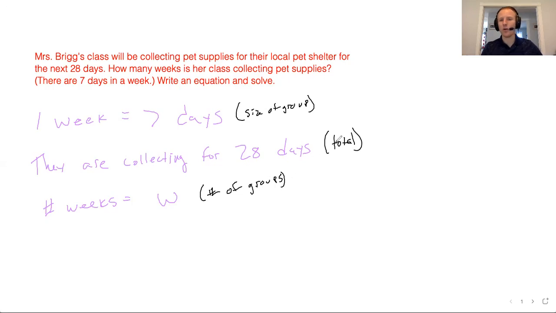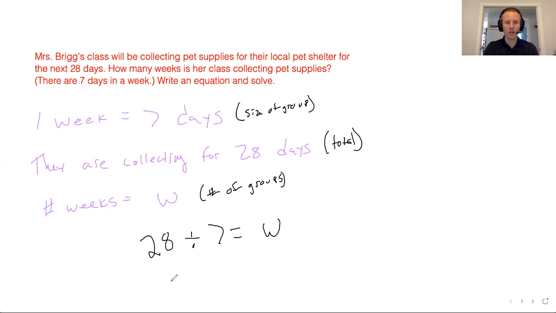And when we know the total, that means that we can pretty easily write a division problem. So we could say 28 being the total, because we always start with the total in division, divided by 7 equals W, right? So if you have 28 days that they're collecting for, there are 7 days each week. How many weeks is that?